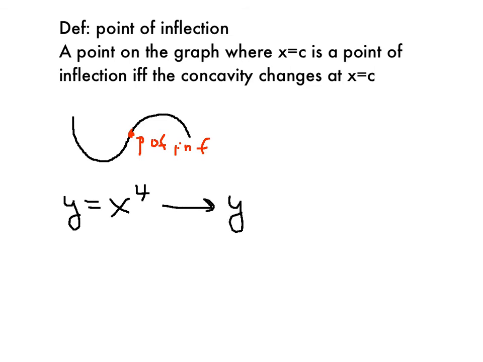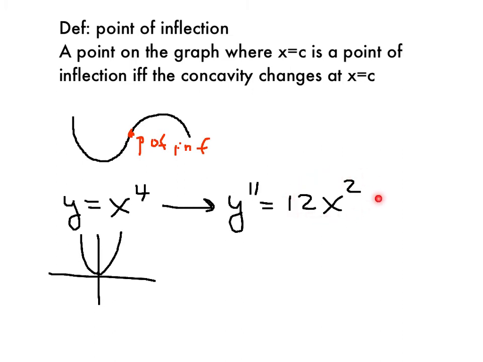If we take the second derivative, we get 12x squared. The second derivative is 0 when x is 0, but the graph of y equals x to the fourth has no inflection point. That's because the second derivative, except at 0, is always positive. So that means my graph is always concave up.